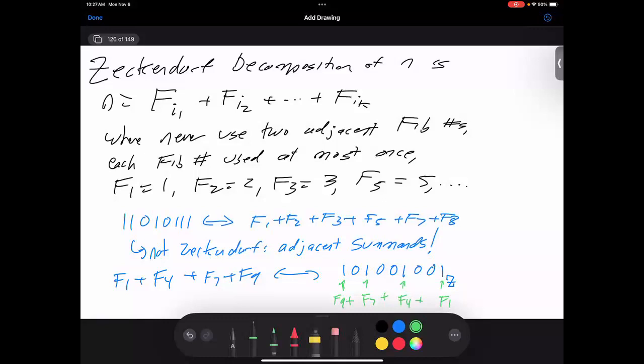So this has already been said today. What's the gap that emerges that we can see in binary decompositions that we'll never see in a Zeckendorf decomposition? Well, in Zeckendorf, we'll never see 0 or 1. Good.